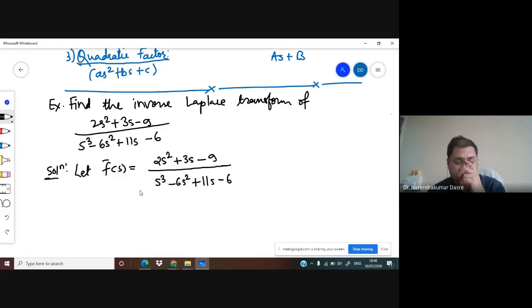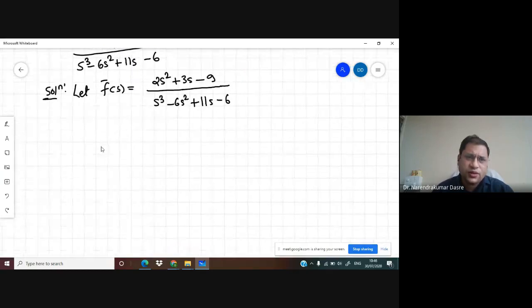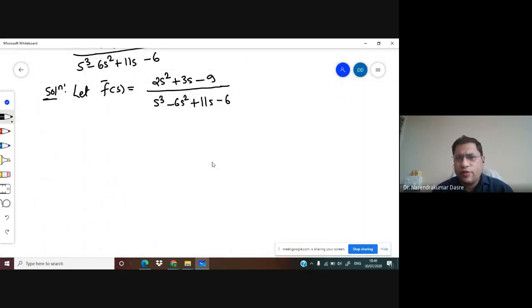So what we have to do is reduce this s cube to either s or s square. To do that, we have to look for the factors of this denominator. The degree of the denominator is greater than the degree of the numerator, so we don't have any problem with the numerator.